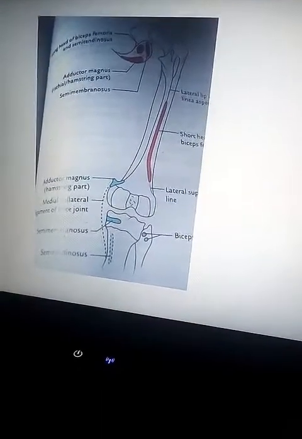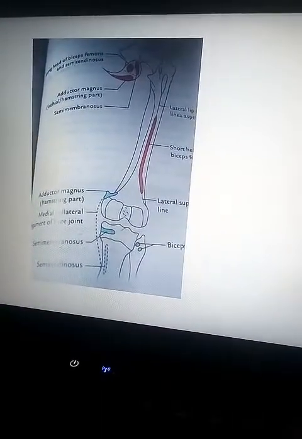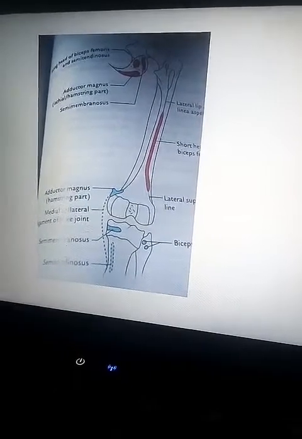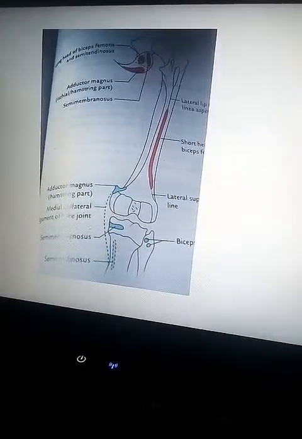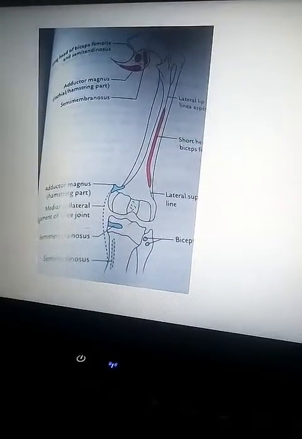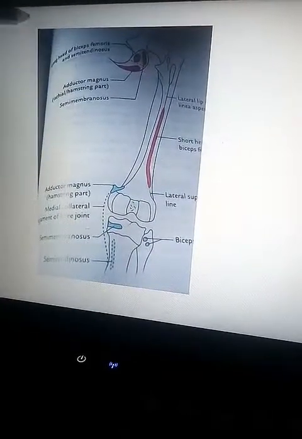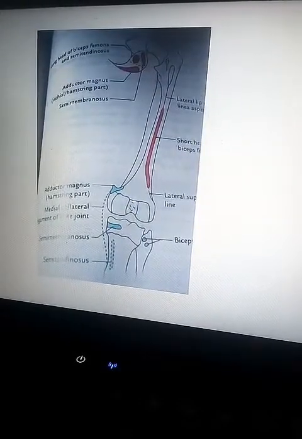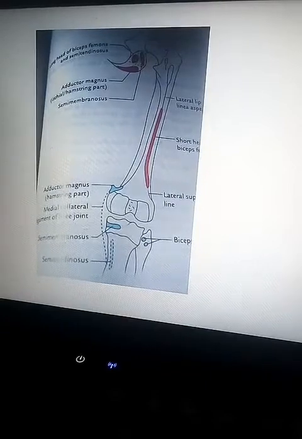Now the muscles of the back of the thigh are known as hamstring muscles. Ham means back of thigh. The hamstring muscles are semitendinosus, semimembranosus, biceps femoris, and the ischial head of adductor magnus.